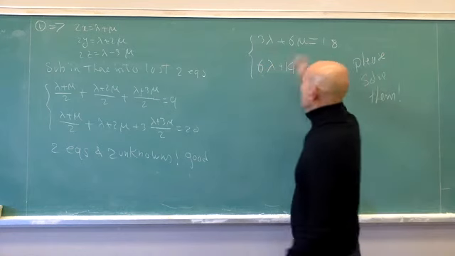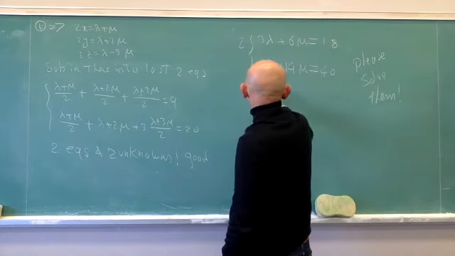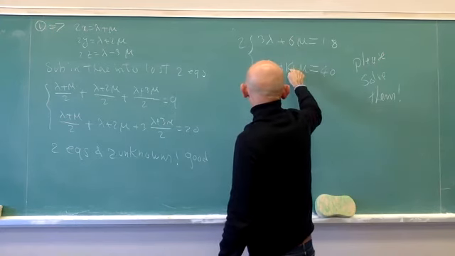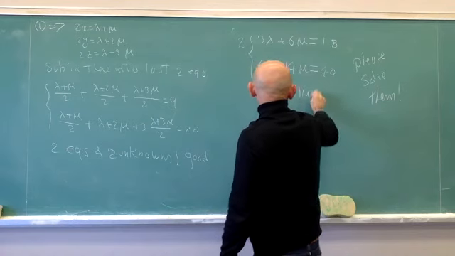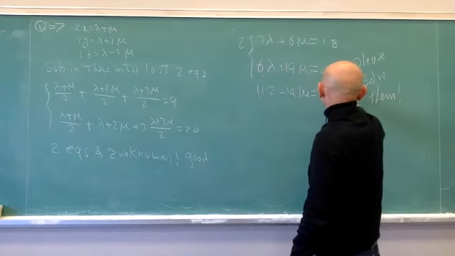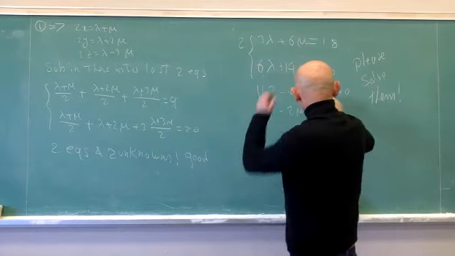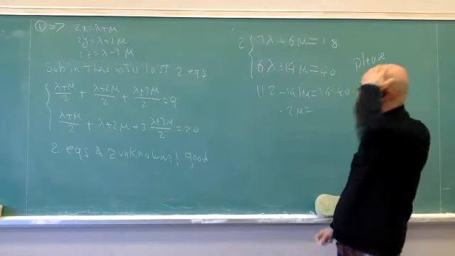Well, let me just do it. Multiply this by 2 and subtract. You get 12 minus 14 mu equal to 36 minus 40. So we've got negative 2 mu equal to 36 minus 40, which is minus 4, I believe.